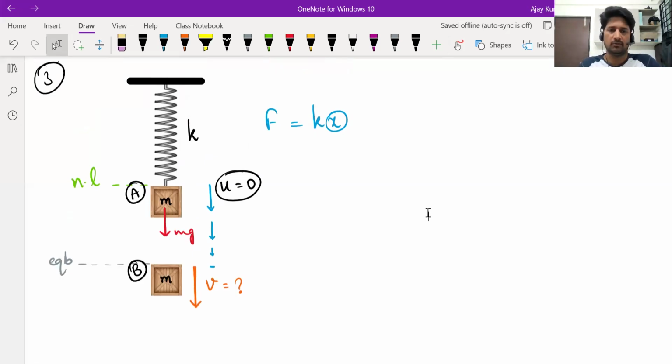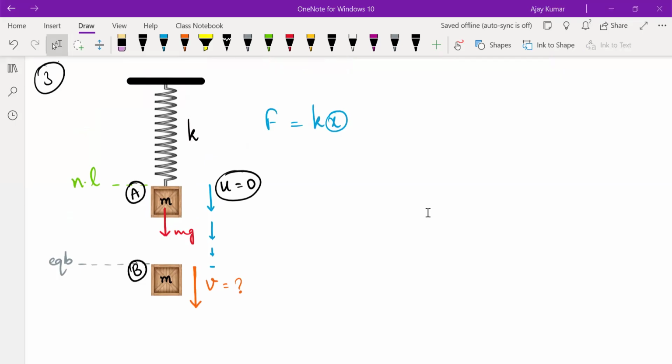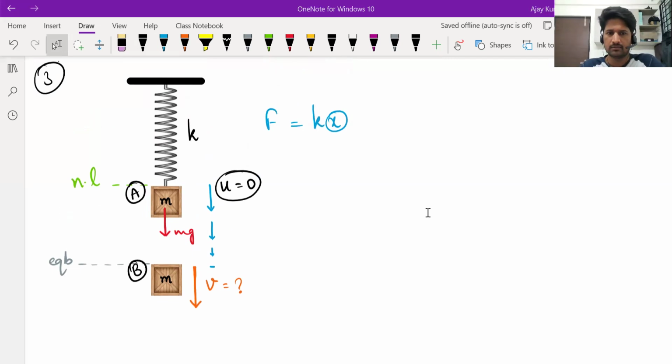Solve it quickly. There are no numerical values given in this problem.